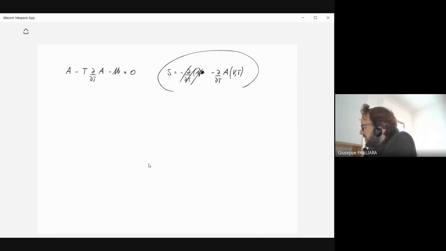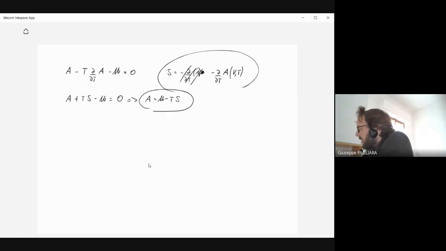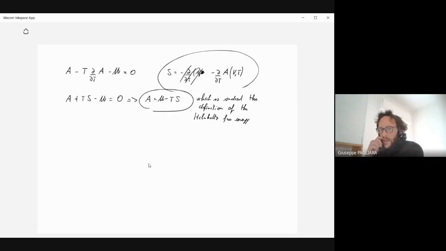Therefore, by inserting this into this equation, I get A plus TS minus U is equal to 0, which means that A is equal to U minus TS, which is indeed the definition of the Helmholtz free energy. Okay, which is correct.